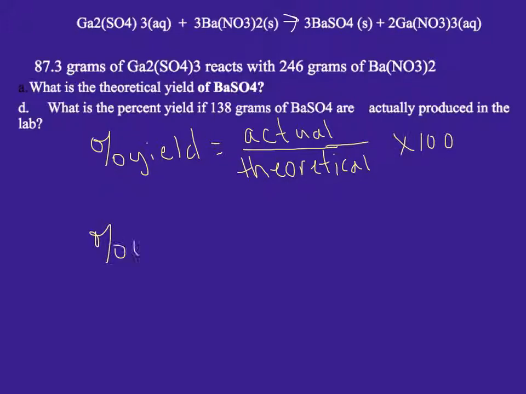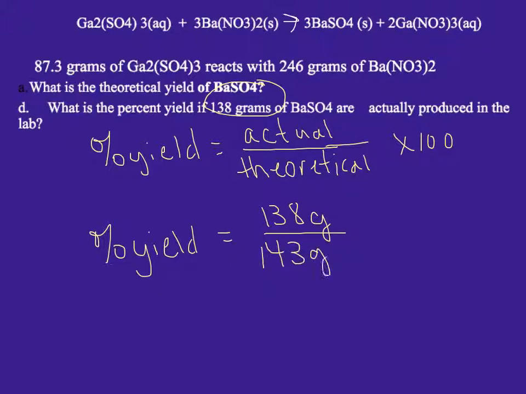So percent yield is what we're going to put on top is the actual, which is what is found in the lab, or in this case given to us in a problem, 138 grams. Earlier we found that the theoretical yield was 143 grams. That was the actual amount of barium sulfate produced, or the actual amount that should be produced, times 100. And I find out that we have 96.5% of percent yield.